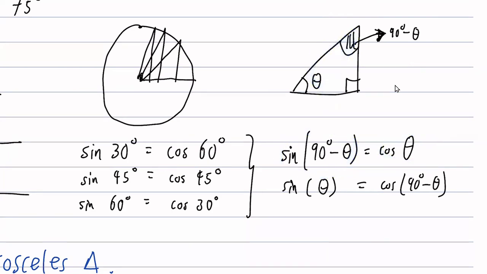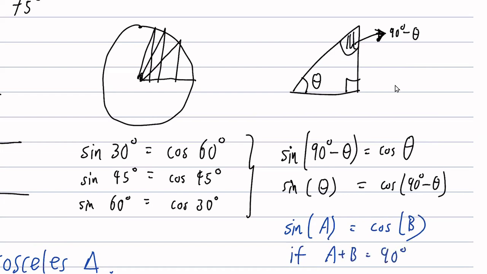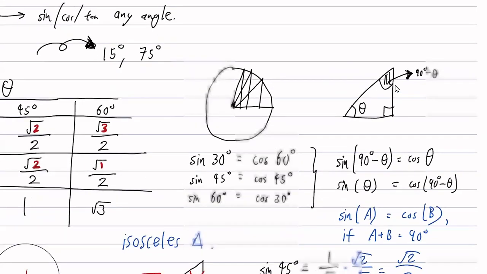You realize it's the same ratio. Likewise for this other one. More generally, sine of angle A equals cosine of angle B, provided that angle A plus B equals 90 degrees. Okay? Yeah, good. That is another general pattern.